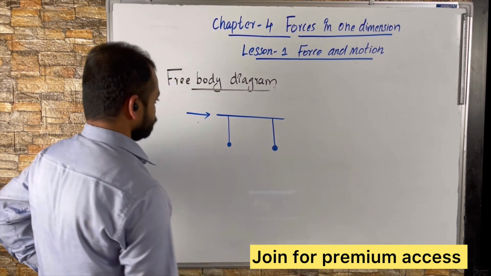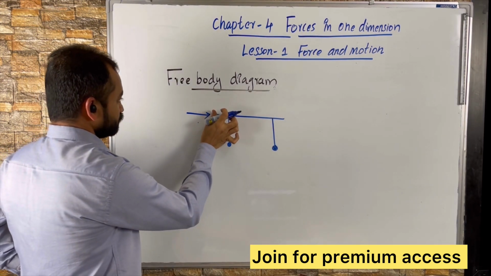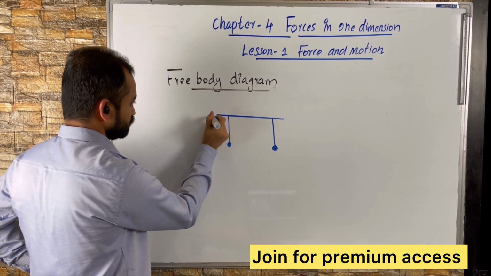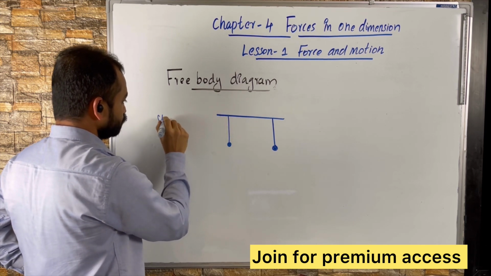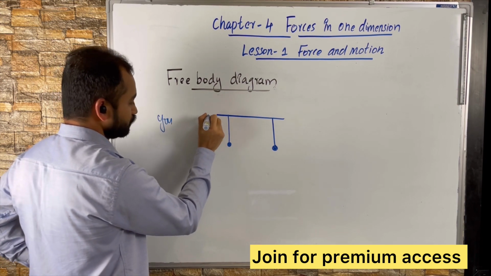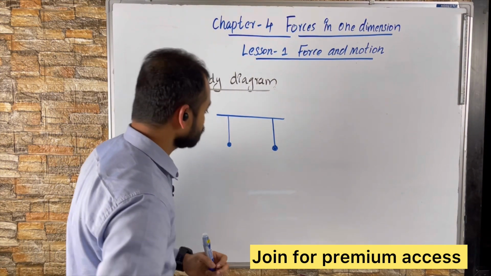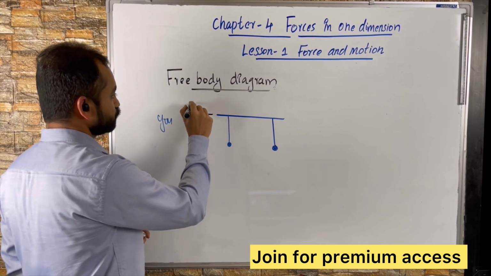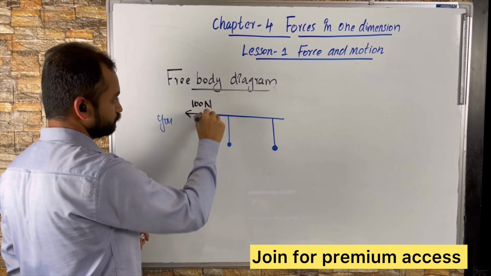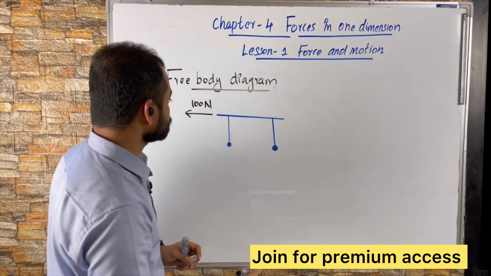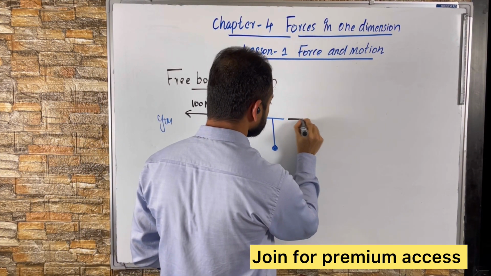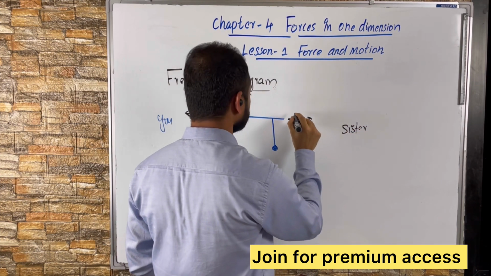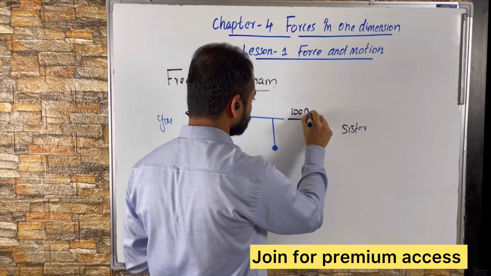You are pulling the table to the left side with a force of 100 Newton. Your sister is on this side, and she is pulling the table with a force of 100 Newton.